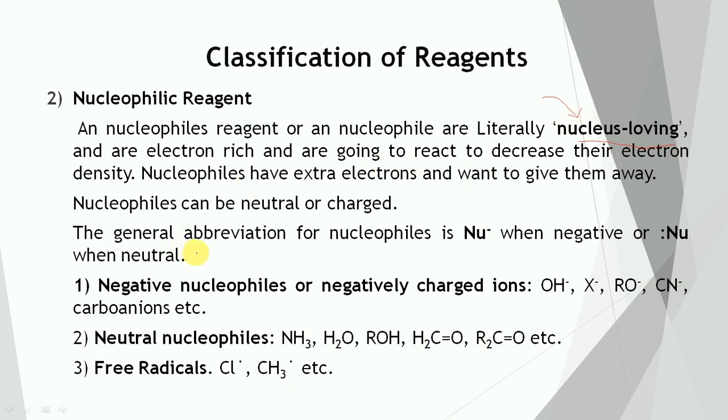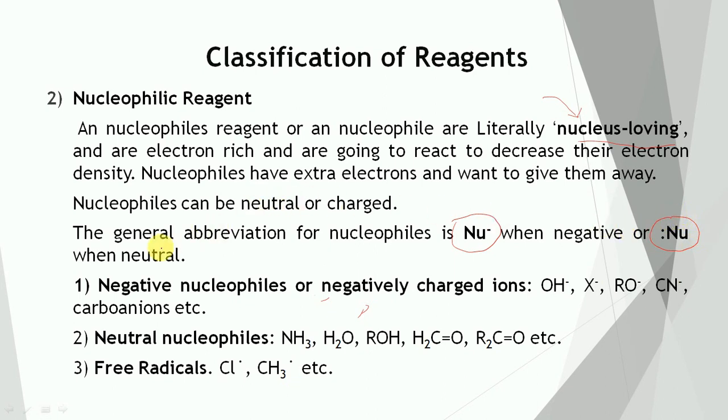Nucleophiles can be neutral or charged particles, and generally if they carry a negative charge, then they are represented by this symbol, and if they are neutral, then they are represented by these symbols.